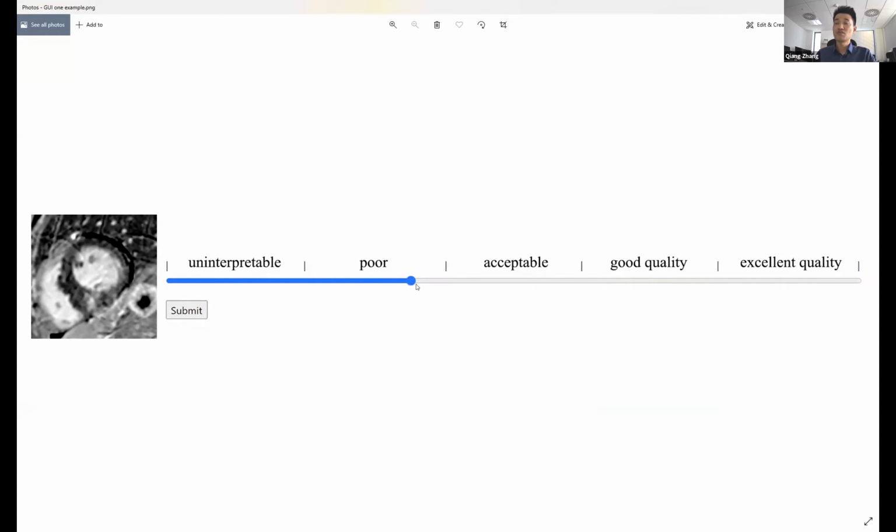And when they input a score on this bar here, it is actually recorded as a continuous score from 0 to 100. So this is first intuitive for the human observer, and second actually more accurate for the following statistical analysis. And we actually recommend this type of scoring approach if human observer scoring is required for analysis.